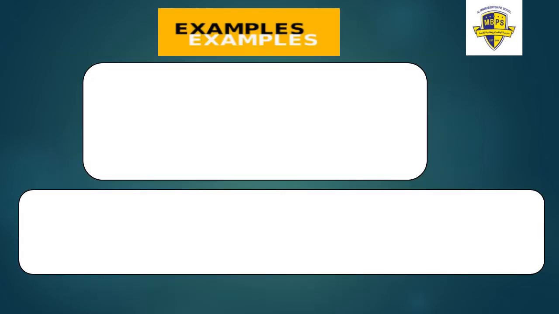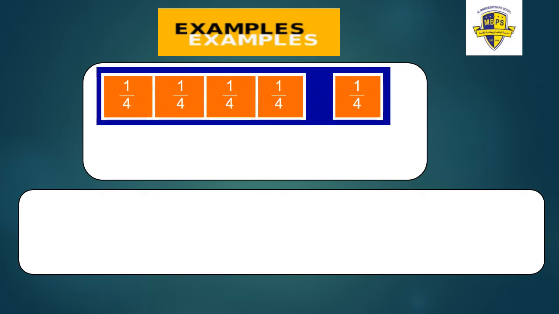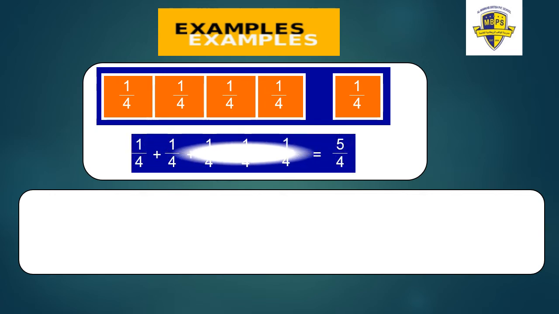Now we have examples here. You can see these orange parts, and I want you to write the improper fraction for this one. We have 5 pieces out of 4. Excellent.